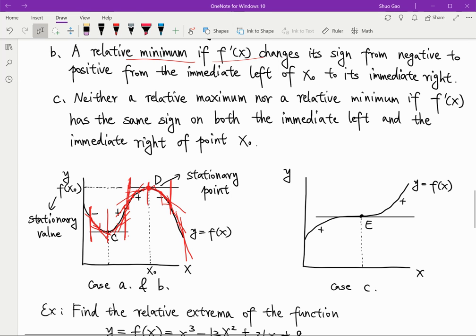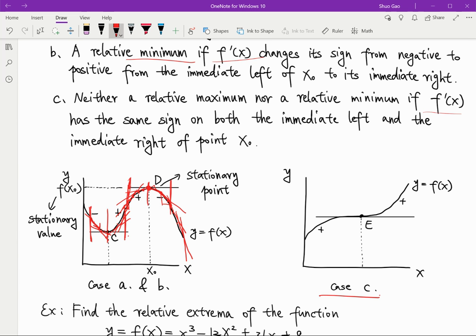And for the third case, it may be neither a relative maximum nor a relative minimum, right? If the derivative has the same sign on both the immediate left and the immediate right of point x0. So here we have the case C for the second graph.